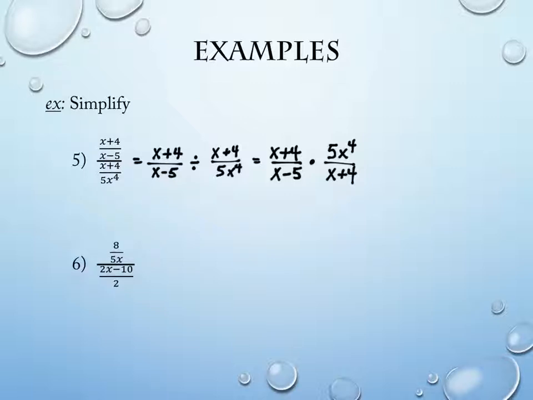And consider diagonals, right? Let's do this diagonal first. Anything on that diagonal can simplify. Nope, it can't. What about my other diagonal? Absolutely, right? They're identical, so they cancel out. And I'm left with 5x to the 4th on top and x minus 5 on bottom.